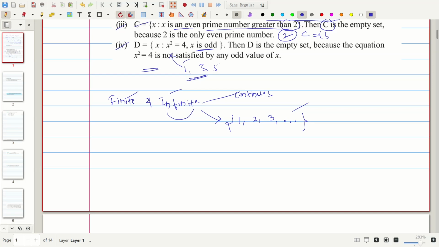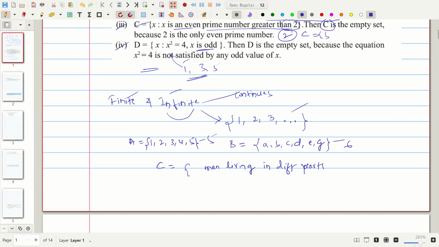Here I will give an example. A contains the elements 1, 2, 3, 5. This is a finite set. B is equal to a, b, c, d, e. This is also a finite set because it contains a definite number of elements. Suppose I give example C: men living in different parts of the world.